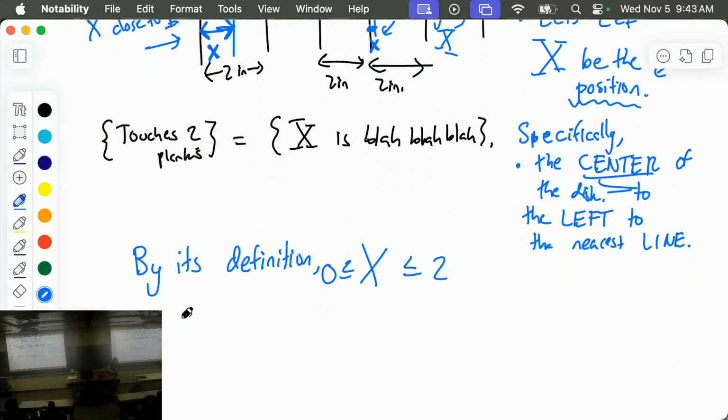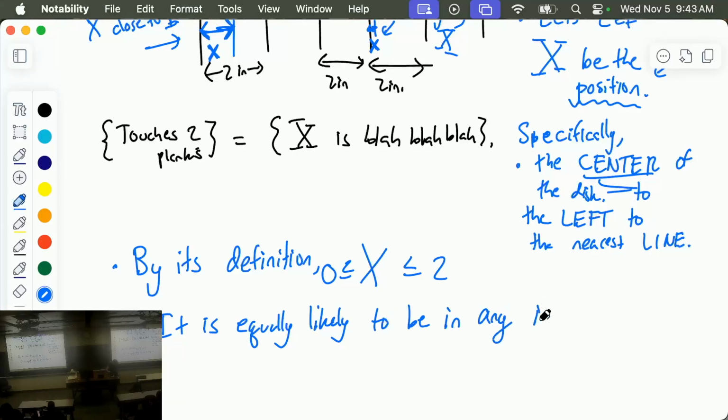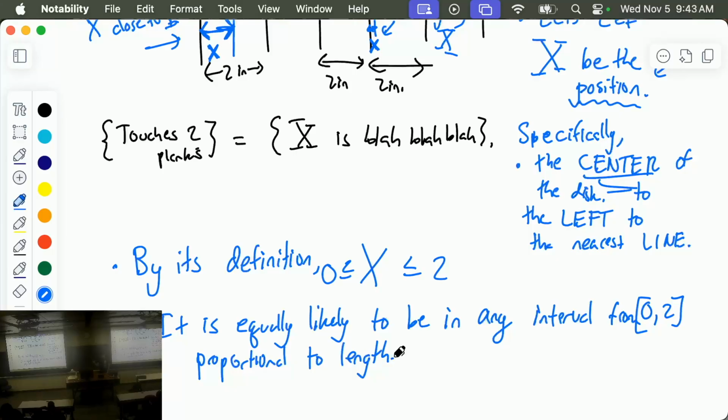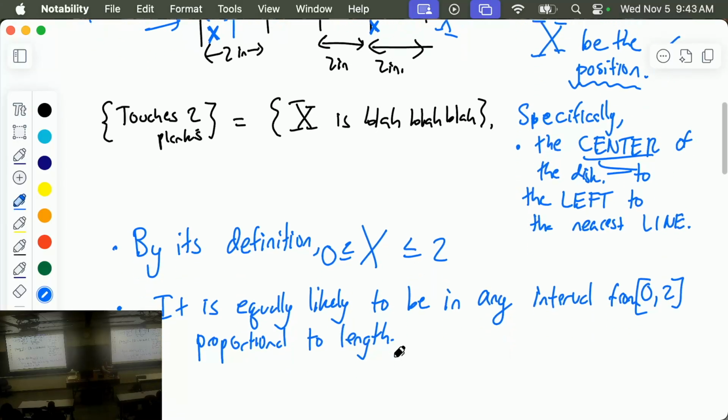It's somewhere between 0 and 2. And the good assumption is that it is uniform, just like we talked about in class. So it is equally likely to be in any interval from 0 to 2, proportional to length. So this was just like, I think we called it U before, and it was the time of a light bulb. And we said the chance that it goes in the first half.